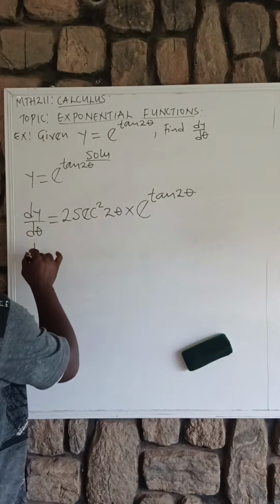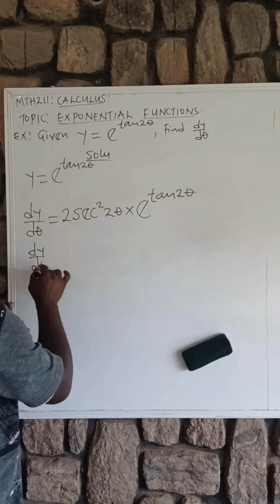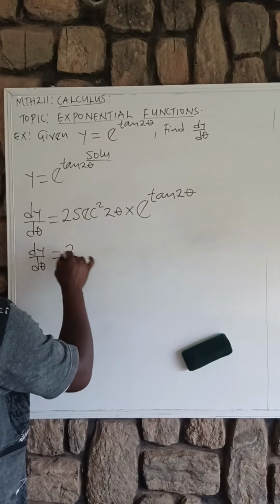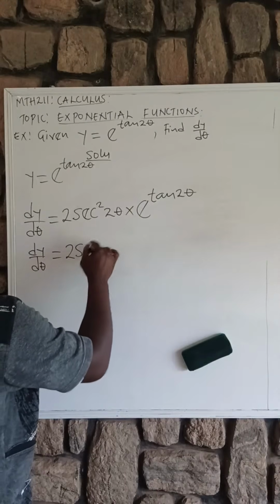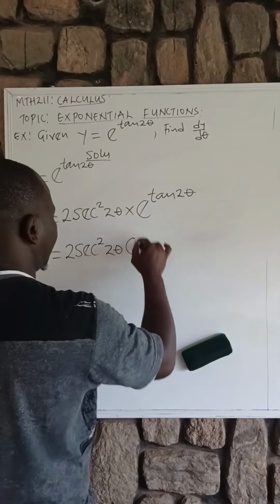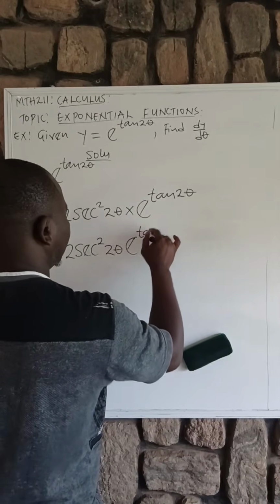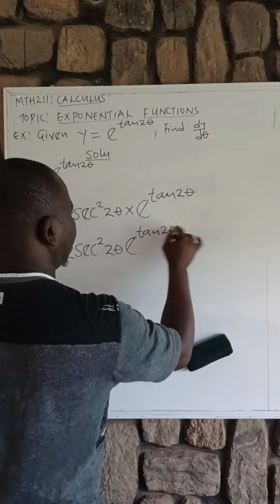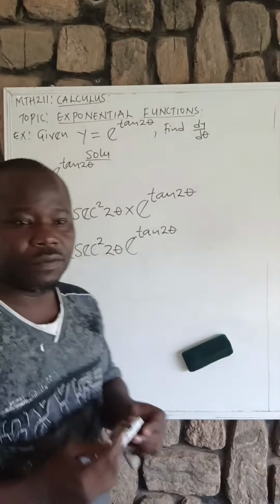So the final answer will now be dy over d theta is equal to 2 sec square 2 theta exponential tan 2 theta. True or false?